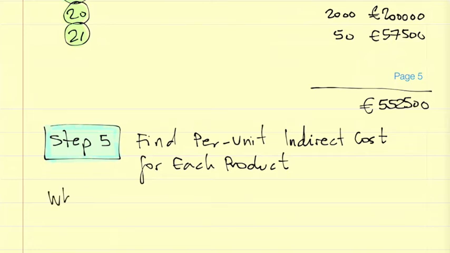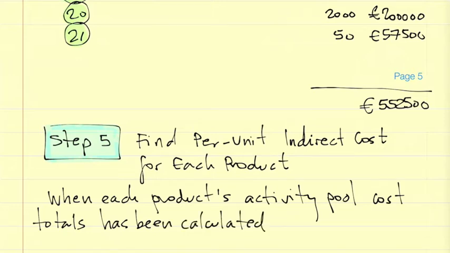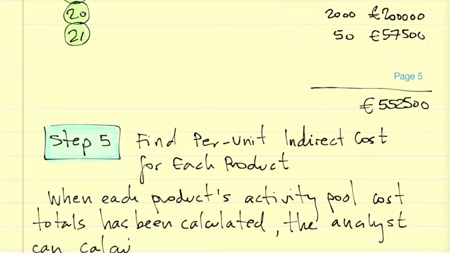When each product's activity pool cost totals have been calculated, the analyst, so you, can calculate the cost per product unit.